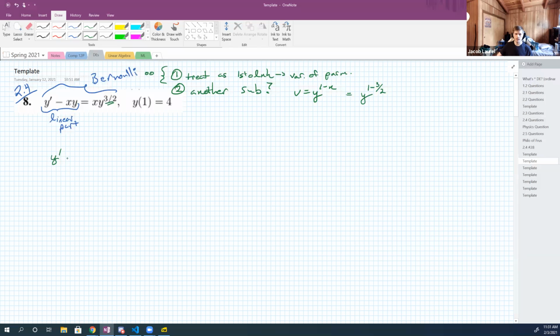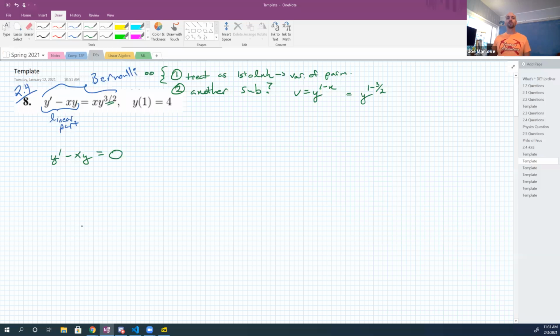I know we shouldn't stick on this for too long, but would there be a situation in which the second method would work when the first method wouldn't? No, Bernoulli equations fall to both of these techniques, which is why I tend to lean into the variation of parameters one, because it always works and I can use it for other stuff.